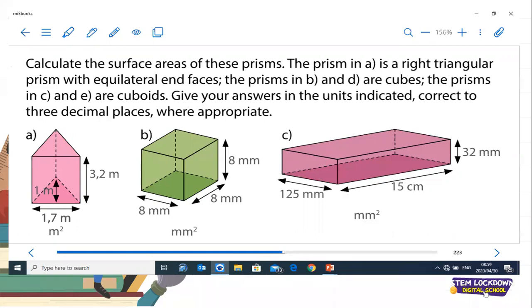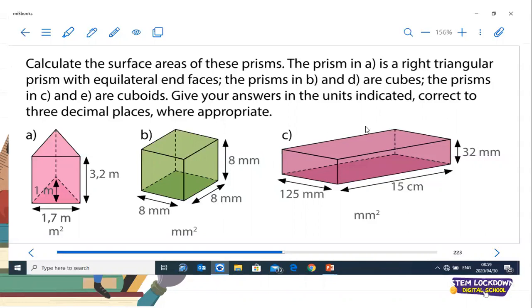In the triangular prism, you do the same. The most important thing is to know that you just have to multiply the area of the base by the height. So let's take the triangular prism as an example here.